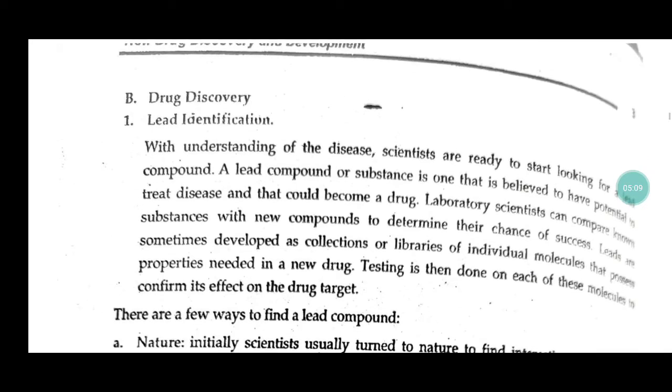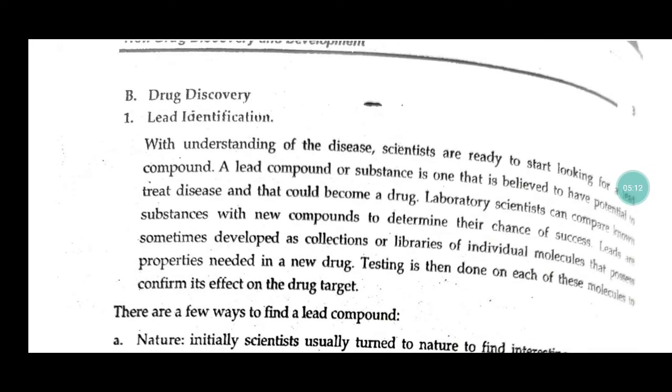So in A we have seen target identification and target validation in pre-discovery. In B, drug discovery, lead identification. What is meant by lead identification? Once the diseases are understood, the scientists are ready to start looking for a lead compound, a substance believed to have the potential to treat the disease and that could become a drug.